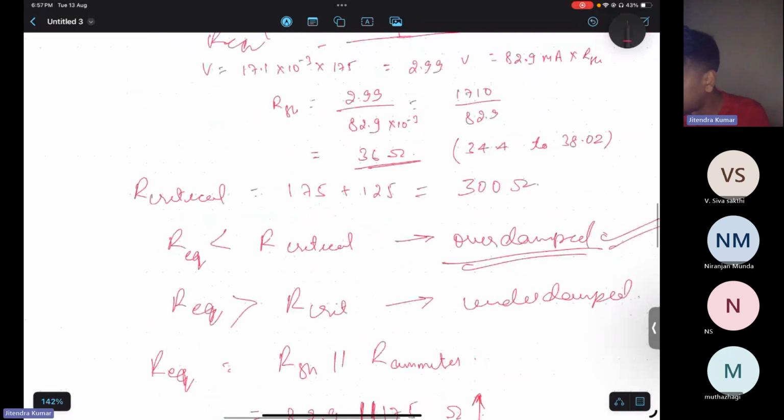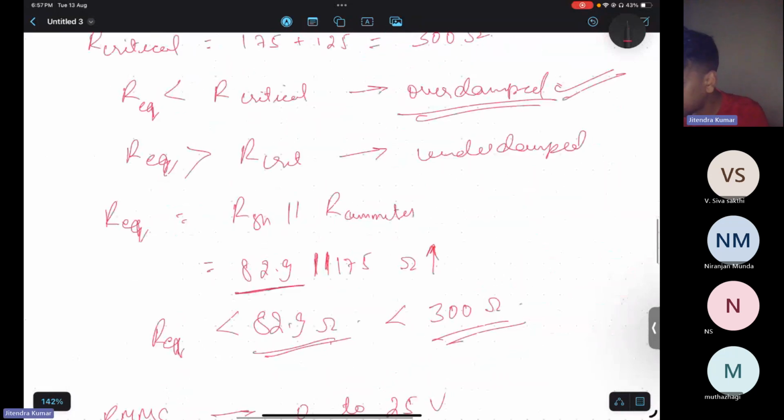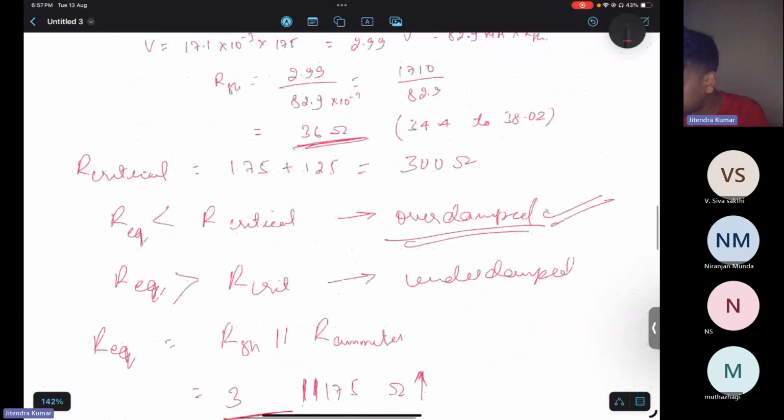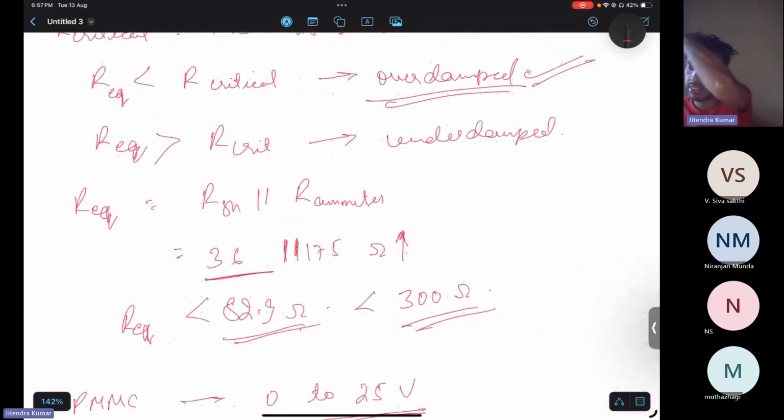And R shunt we calculated 36 ohm, right? So 36. We didn't update it. So the 36 ohm shunt resistance is already there. And emitter resistance is 175 ohm.